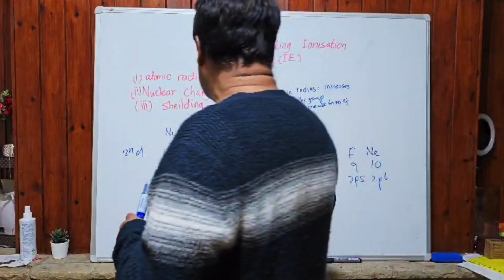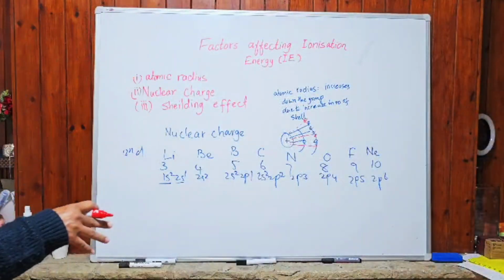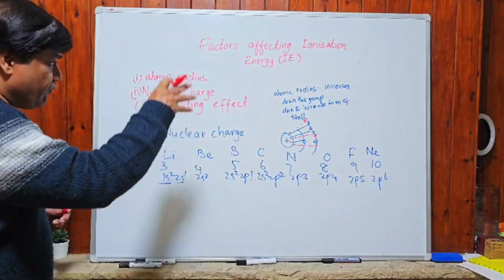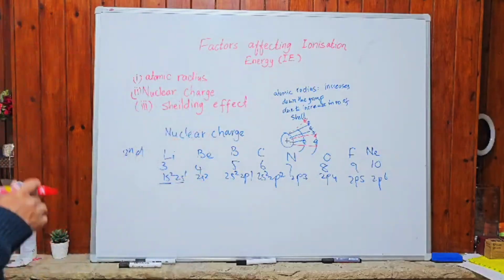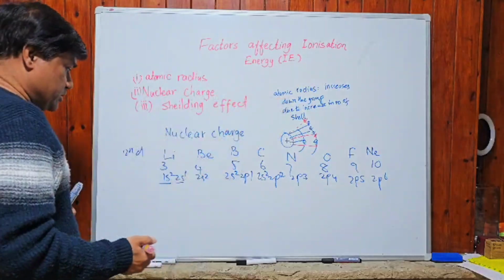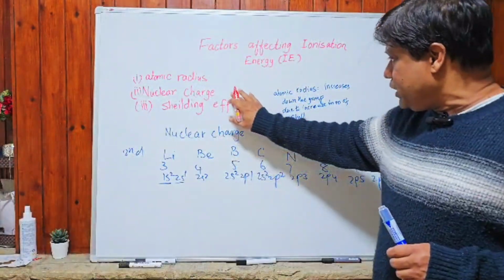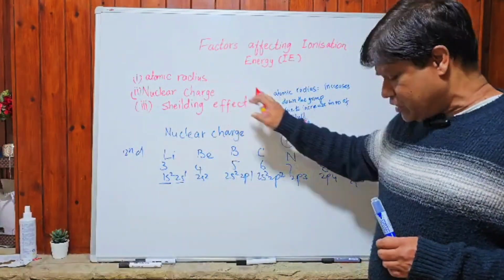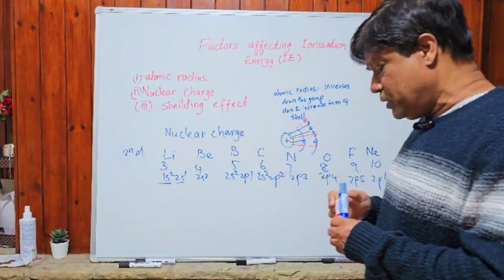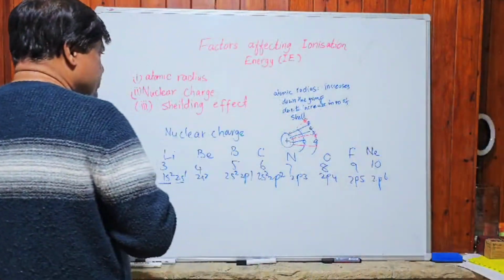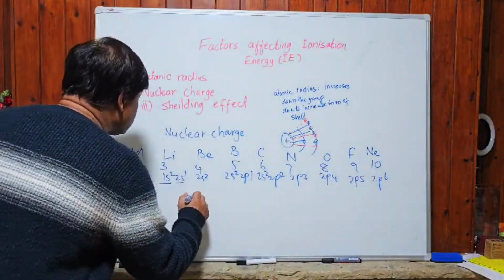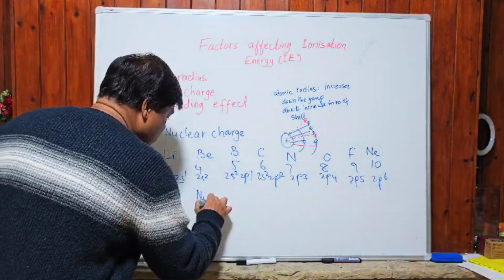Okay, so nuclear charge has no effect when we move down the group because the number of shells increases. I want to write here: nuclear charge increases across the period. Look at that. What happened to the nuclear charge?